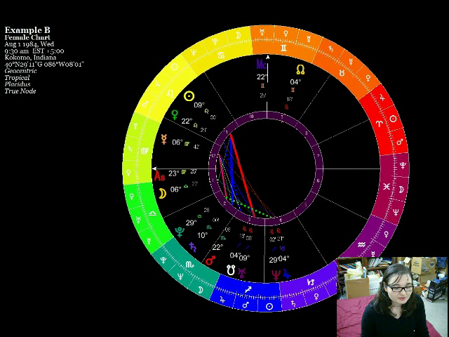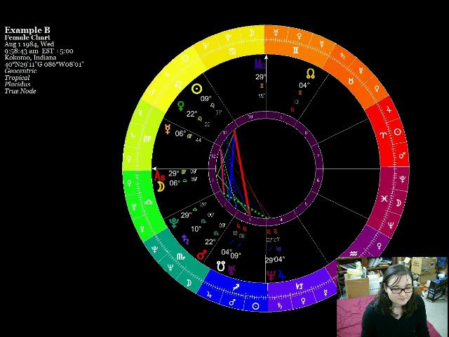So what we're going to do is we're going to make it easy, and we're going to make this person's midheaven at 29 degrees, since Neptune is at 29 degrees 02 Sagittarius. So make it more exact.